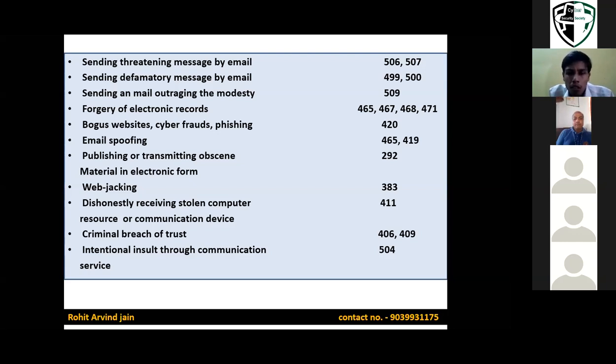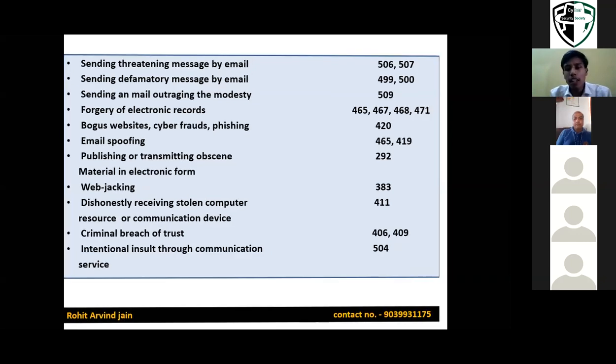Criminal breach of trust and cheating are covered under 406 and 409 of the IPC. Intentional insult through a communication service is also covered under section 504 of the IPC. So these are some provisions of the Indian Penal Code which also include cybercrime.